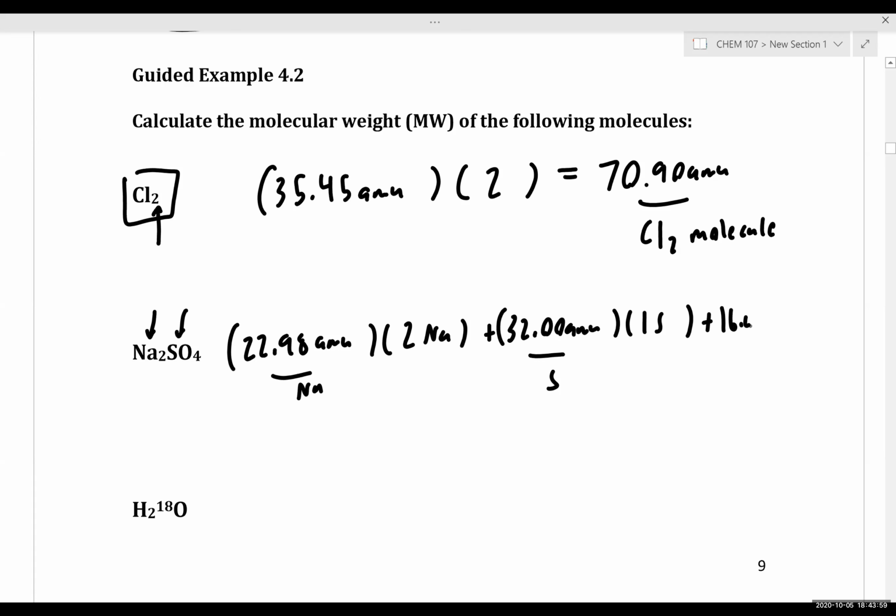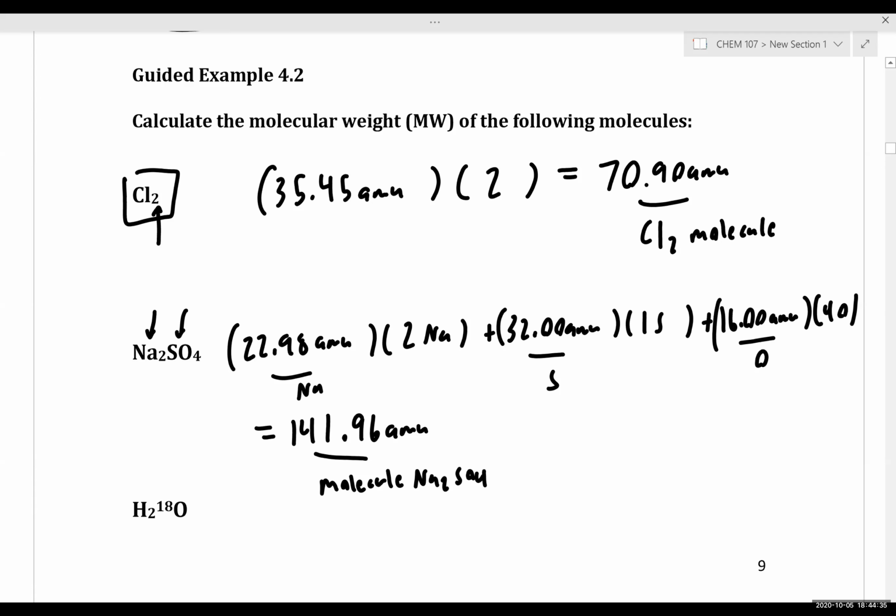And for oxygen, I have 16.00 AMU per oxygen atom, and I have 4 oxygen atoms. So punching this into my calculator, 22.98 times 2 plus 32 plus 16 times 4, that gives me a molecular weight or molar mass of 141.96 AMU per molecule of sodium sulfate.